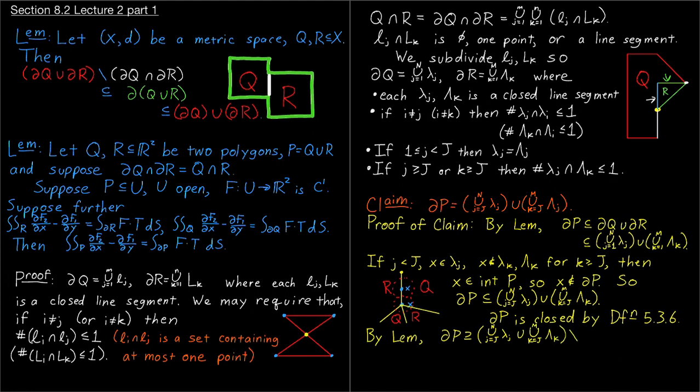So we threw out all the lambda J's, the lambda K's, and then we have to worry about any other intersection point. So we might have a situation like this one. Here is Q. Here is R. And then we get this one point on the intersection of their boundaries that's not in a line segment.